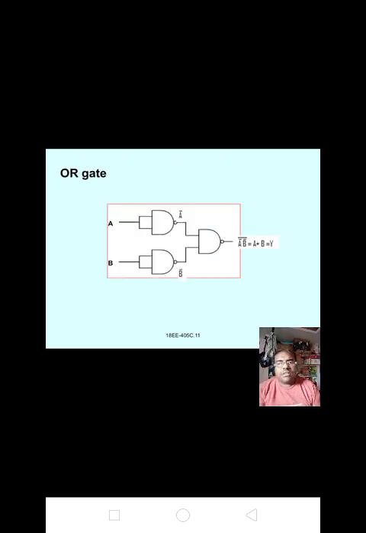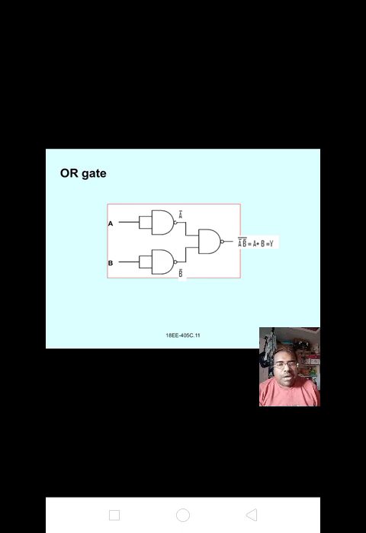Okay. Next one, the OR gate. For getting the output of the OR gate, we are taking 3 NAND gates: 2 single input and 1 double input. We give a single input to the first NAND gate, that is A. We get the output A bar, and for the second NAND gate we give the B input, and we get the output B bar.